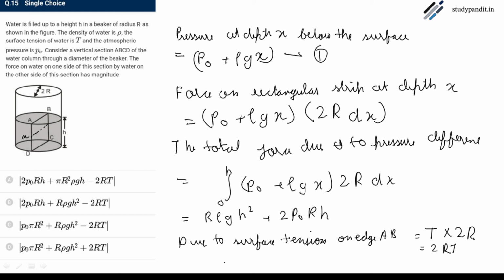So the final answer will be, net force will be 2 P naught r h plus r rho g h square minus 2rT, because the surface tension force will be in a different direction than this pressure force. So the answer is, what's the answer? B.